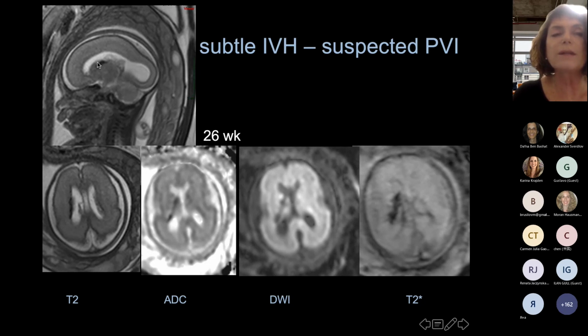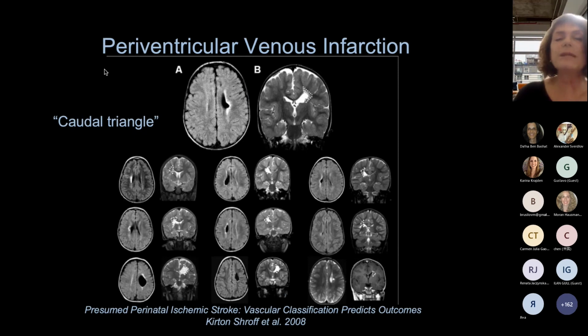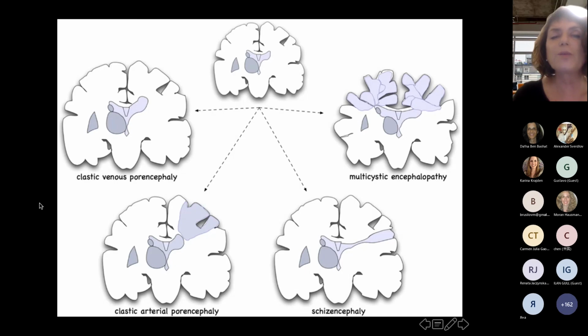And you can see that it all starts from the subependymal area. So really, MR has this capability of helping in trying to look into this understanding. And again, we're seeing it in the postnatal world with a typical caudal triangle that we can see.